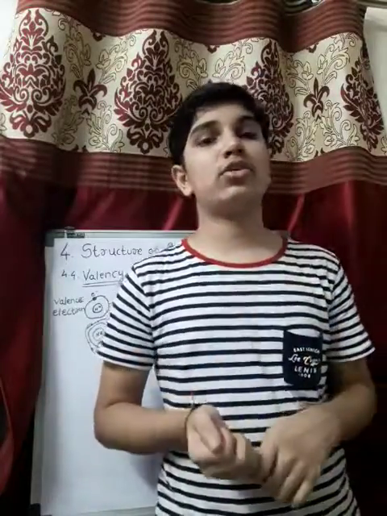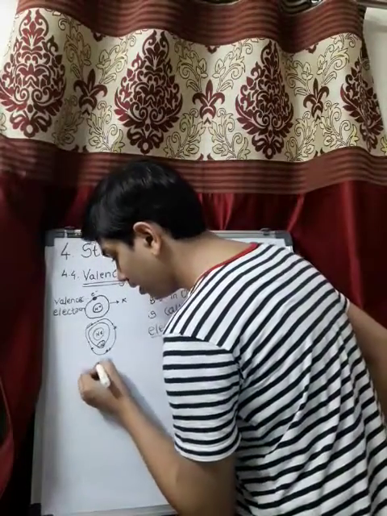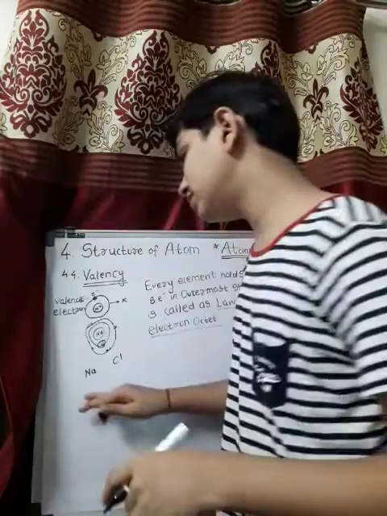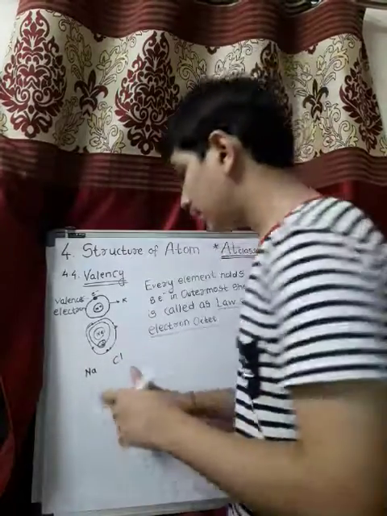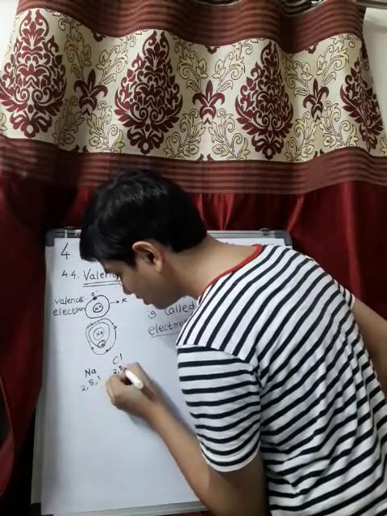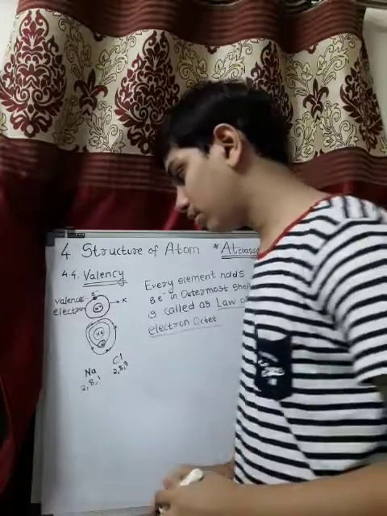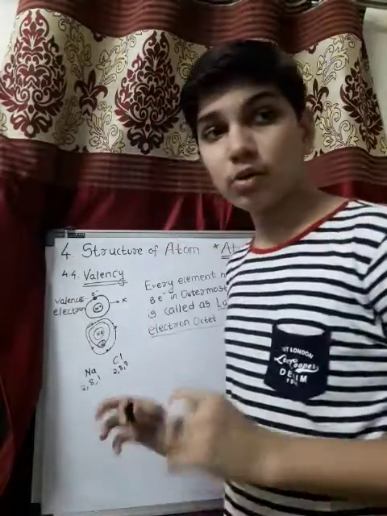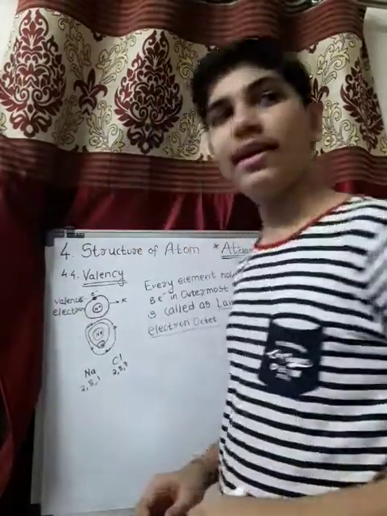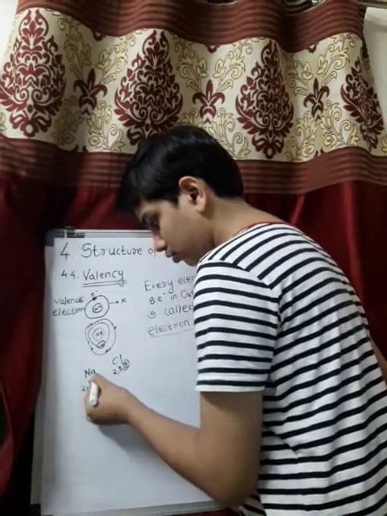Now this was done by sharing electrons, gaining electrons, or losing electrons, like Na and Cl. These are two different elements. This is 2, 8, 1, and this is 2, 8, 7, right? Sodium has 1 electron in its outermost shell, and chlorine has 7 electrons in its outermost shell.